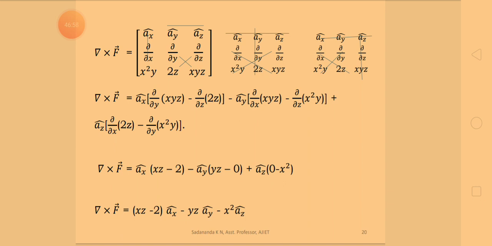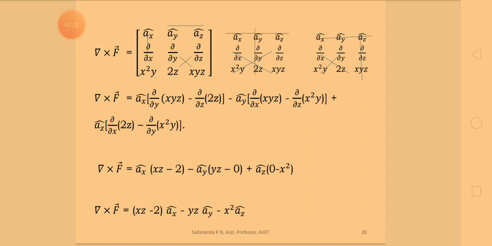Again open bracket, and cross multiply the other two column terms. I put the cross marks there: ∂/∂z, ∂/∂x of xyz minus ∂/∂z of x square y. It's cross marks, okay.